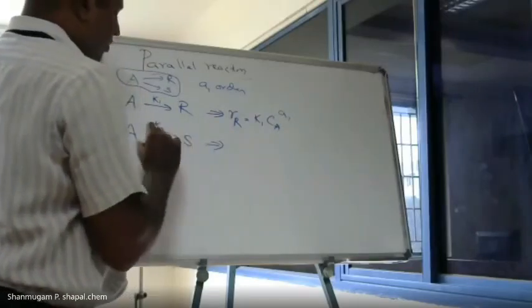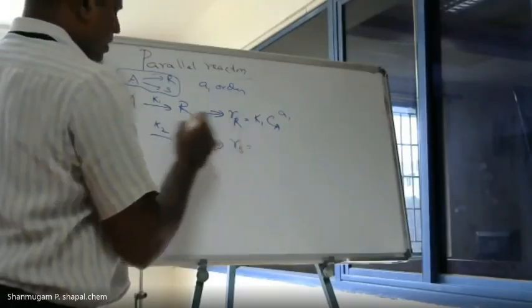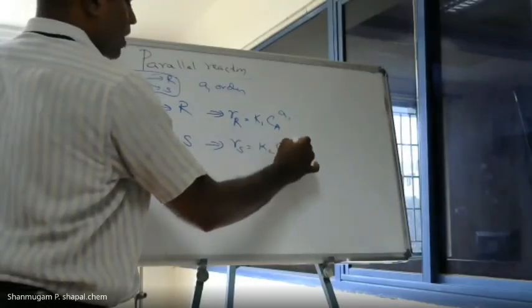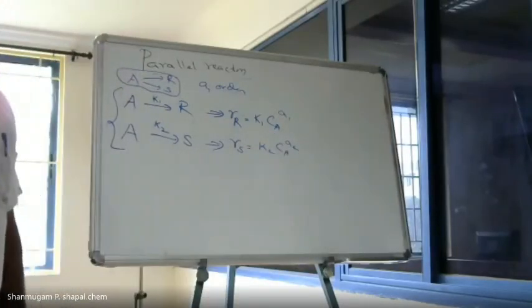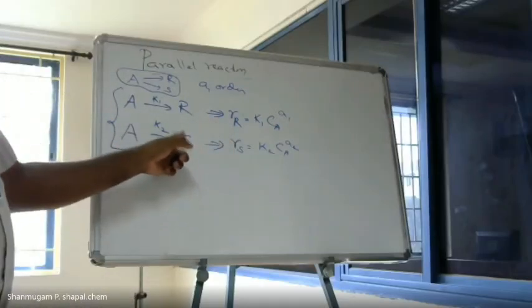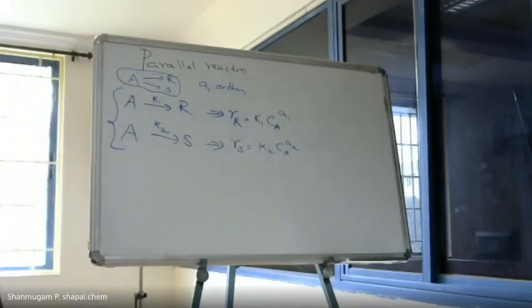And for the similar case with the next product, we say A2. So with respect to the product, you write the rate equation.